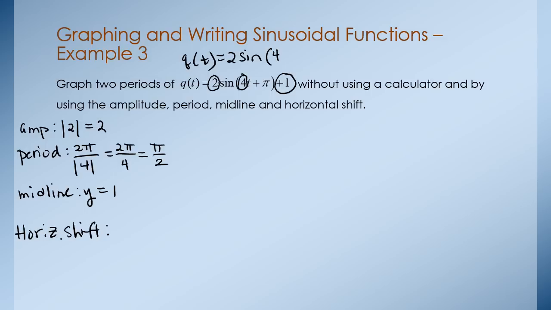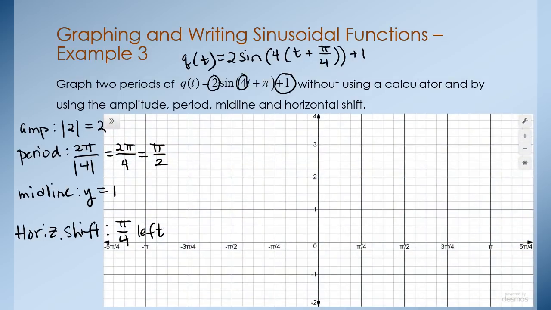I'm going to factor a 4 out, and that leaves me with t plus pi over 4, and I'm going to put a 4 on the bottom to offset factoring the 4 out, plus 1. So my horizontal shift will be pi over 4 units, and those units will be to the left.